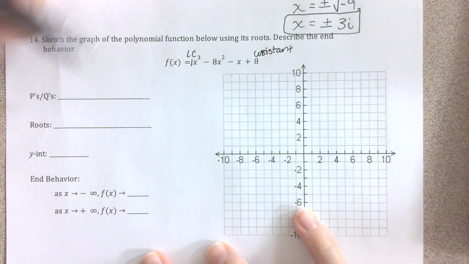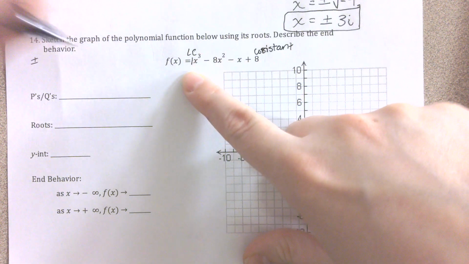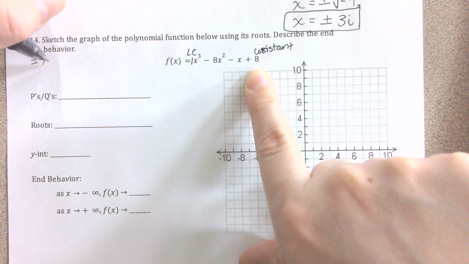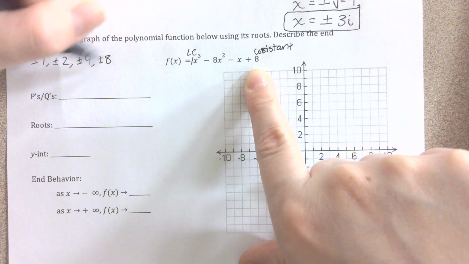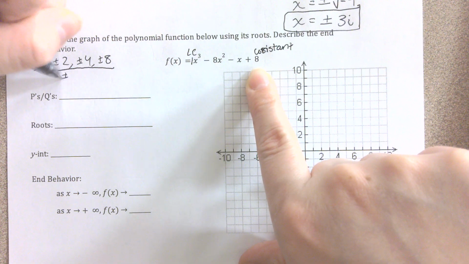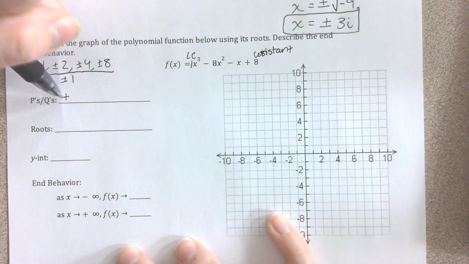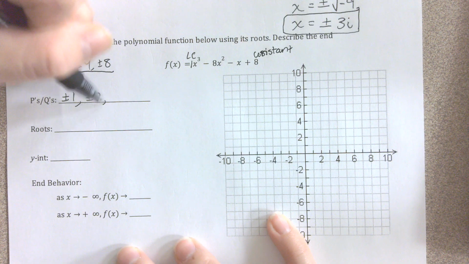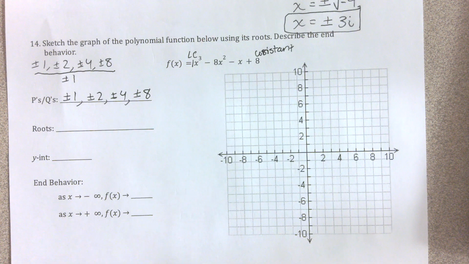So this is plus or minus the factors of 8 over plus or minus 1. So factors of 8 are 1, 2, 4, and 8, all over plus or minus 1. So really, it's just the top list on the fraction. Plus or minus 1, plus or minus 2, plus or minus 4, and plus or minus 8 all over 1.